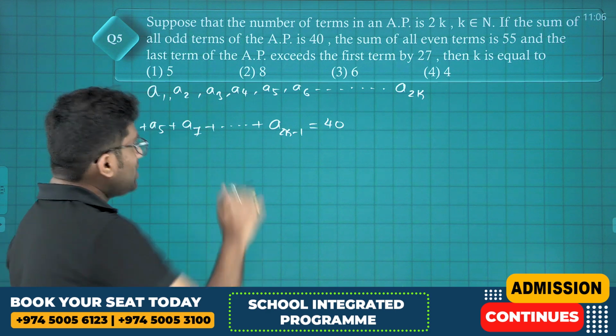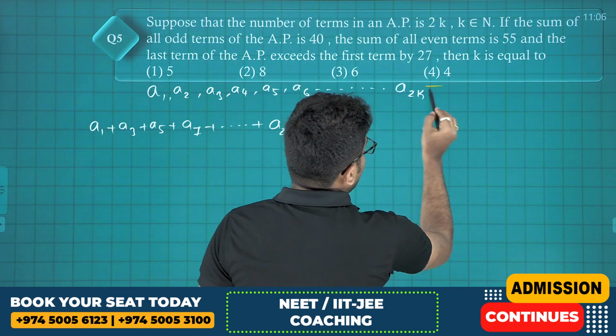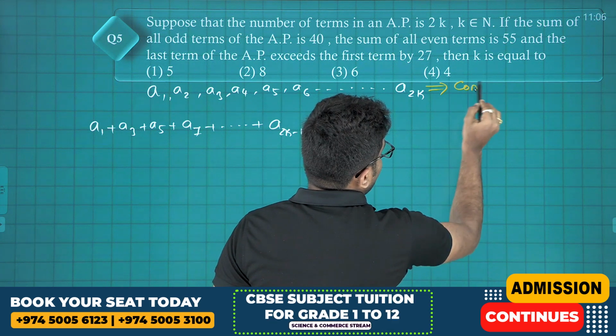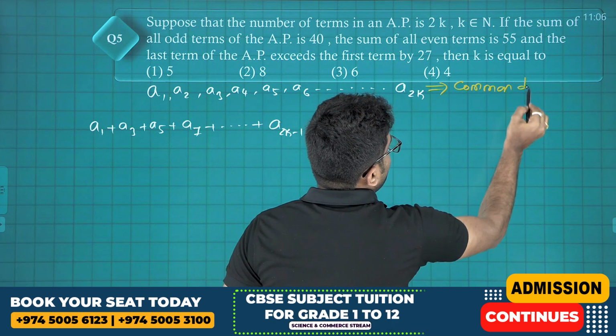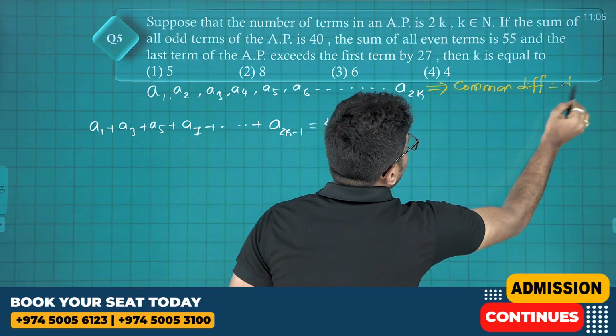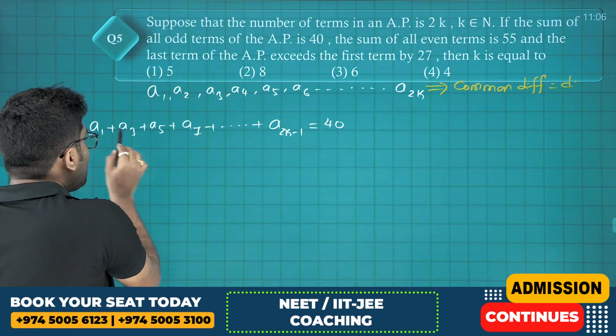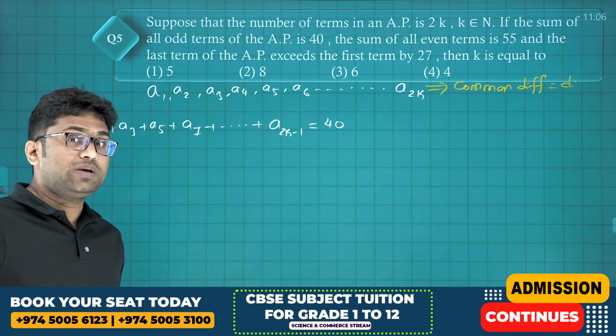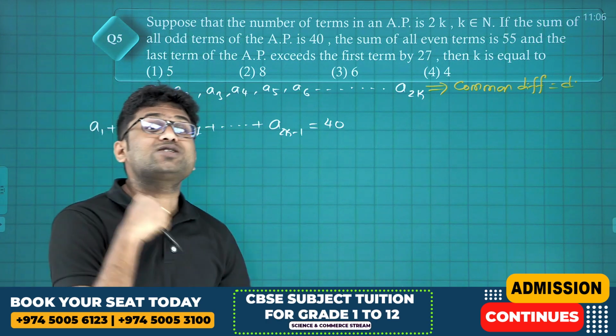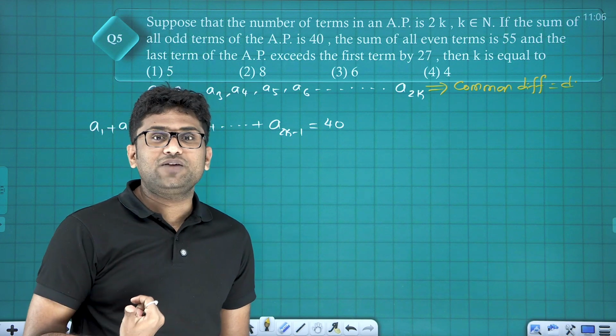If this AP has some common difference D, then A1, A3, A5, A7 will also be in AP, but with common difference 2D.